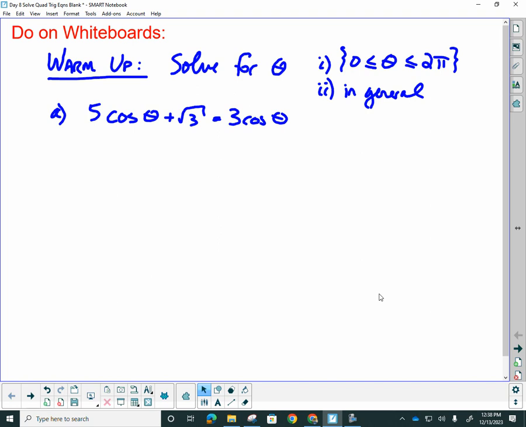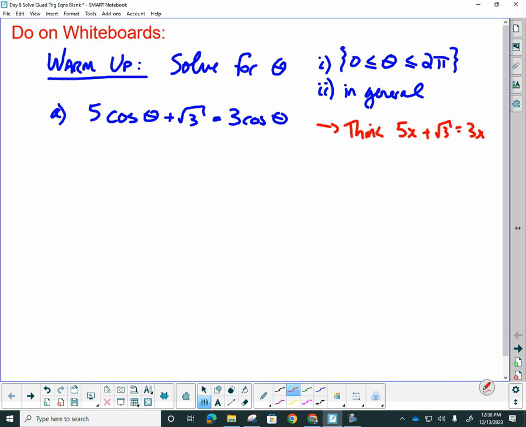Okay. So this one looks like just a simple solving equations type thing. If you can imagine off to the side, this might be helpful for you to think of this as 5x plus something like a number equals 3x.